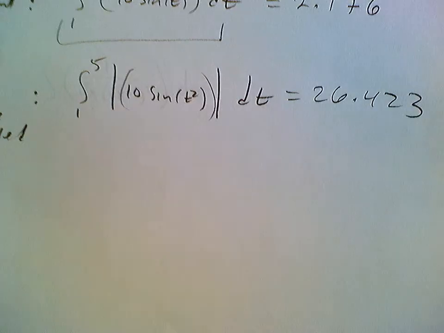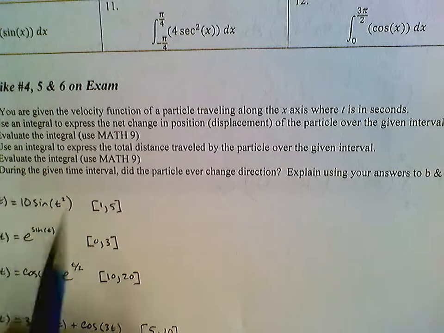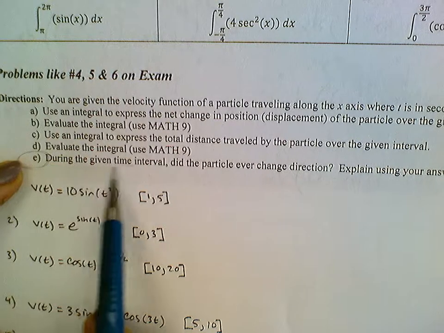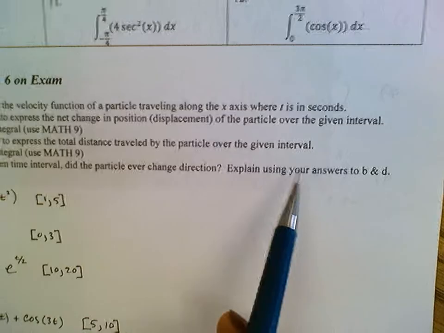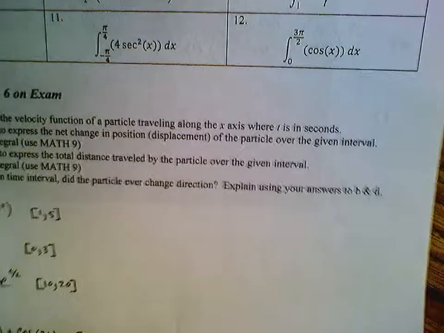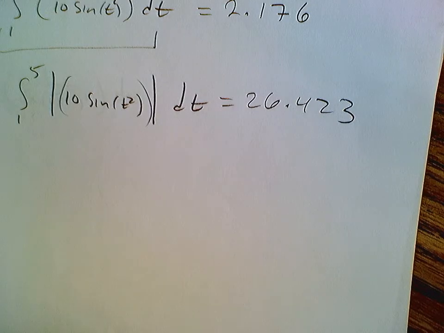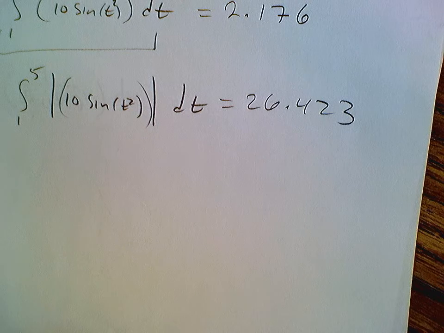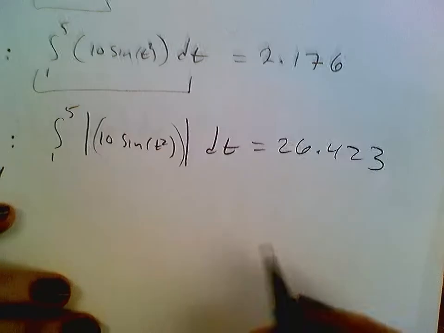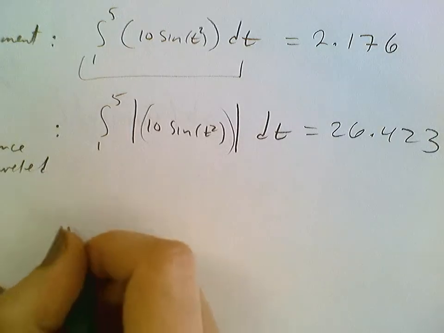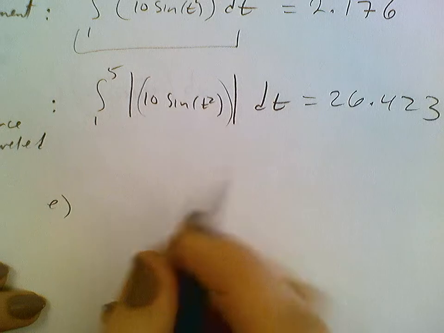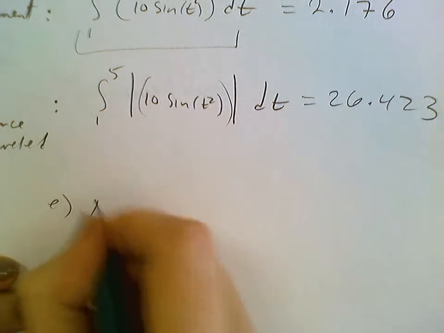Okay, I grabbed the packet. Now we're on part E. During the given time interval, did the particle ever change direction? Explain using your answers to B and D. So for part E, did the particle ever change direction?